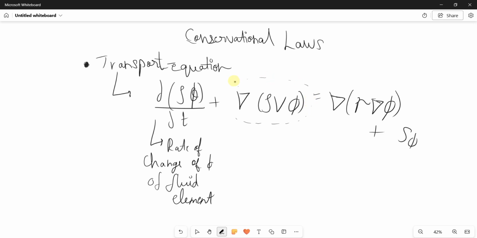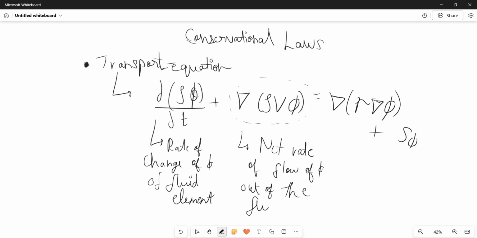This term represents the net rate of flow of φ, so of the parameter φ, out of the fluid element.